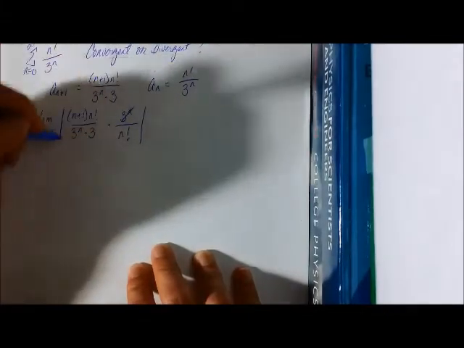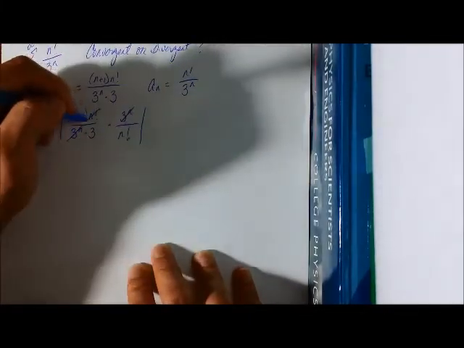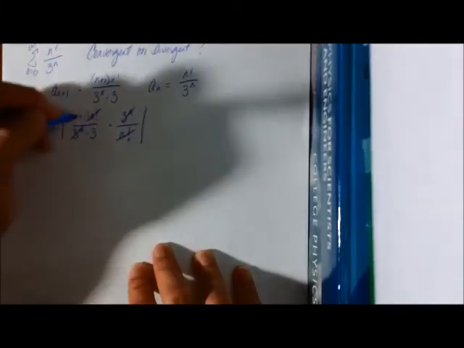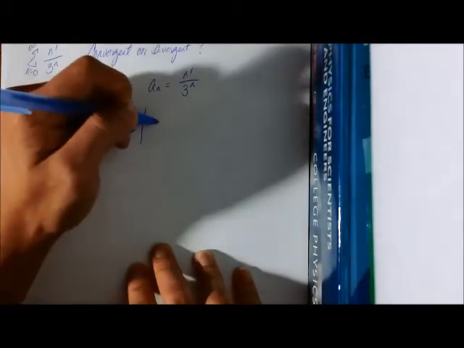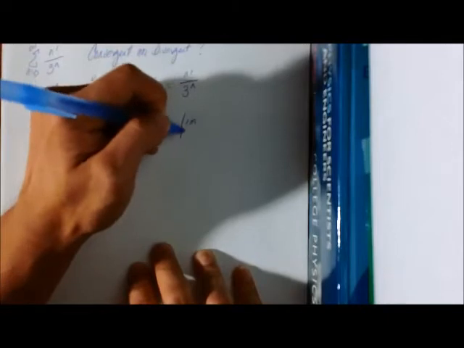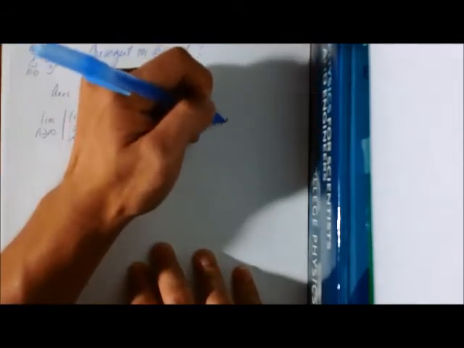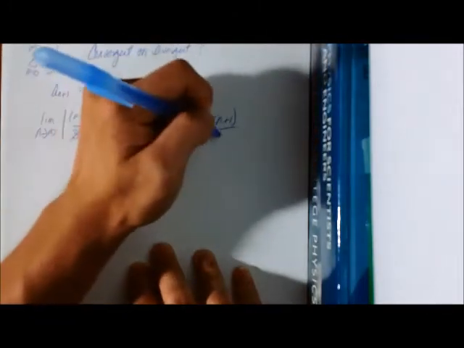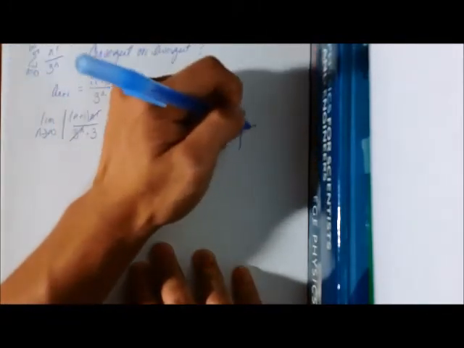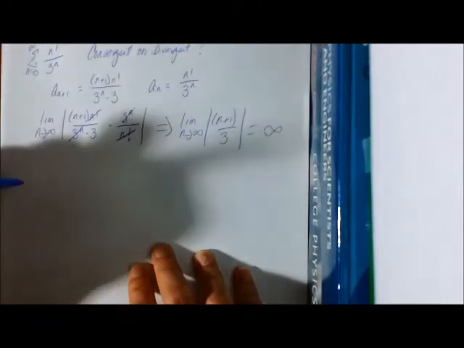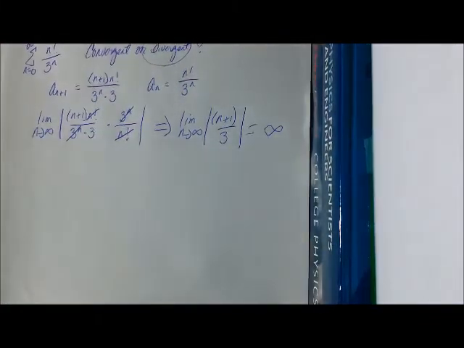The result is the 3 raised to the n canceling and the n factorials canceling, leaving you with the limit as n goes to infinity of n plus 1 over 3, absolute value, which is equal to infinity. Therefore, by the ratio test, the series is divergent.